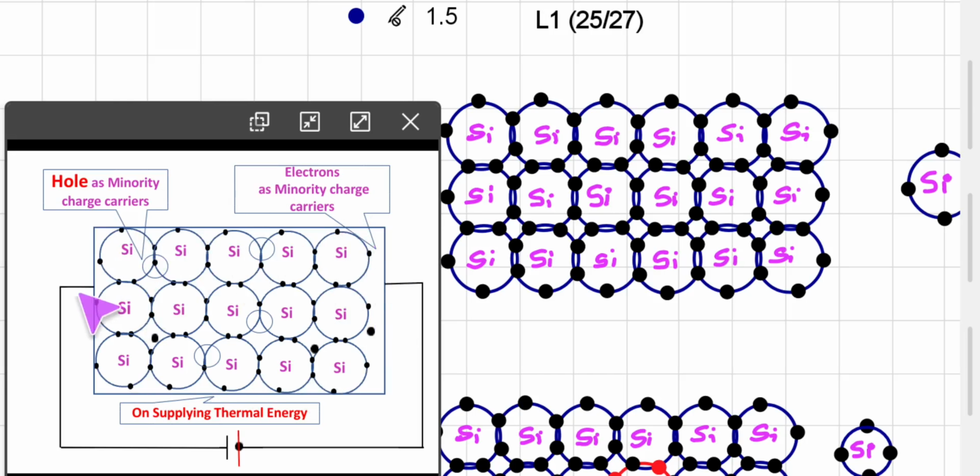So before understanding the doping and why the electrical conductivity increases, we must remember one thing: on supplying thermal energy, the electrons get free. When these electrons get freed, holes are created inside the semiconducting material.